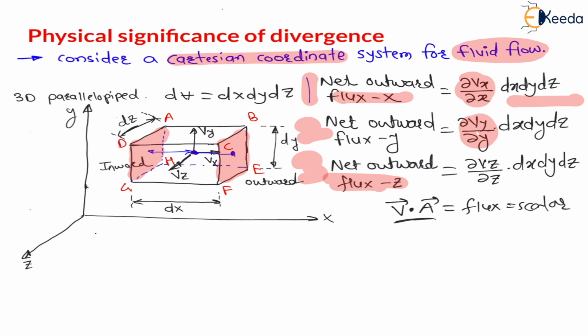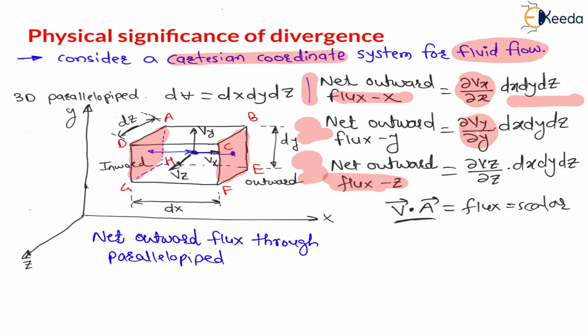Therefore, here we can say the net outward flux, which is nothing but volume per unit time, outward flux through this 3D element, which we call a parallelepiped, will be equal to the summation of all these three.